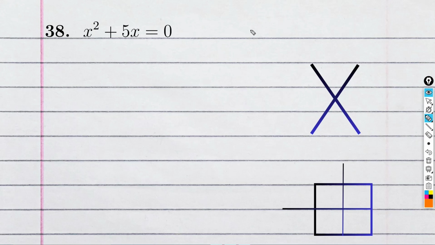And my GCF is just an x. So I'm going to divide each of these by x, and I'm going to write that x in the front. X squared divided by x is x. 5x divided by x is 5. And we're still equal to 0.